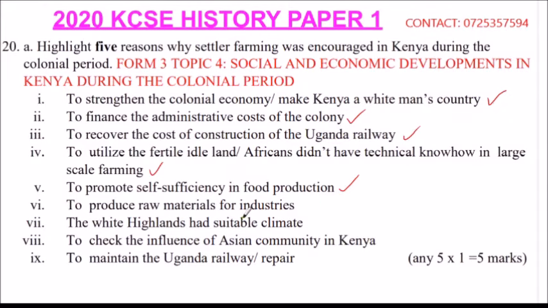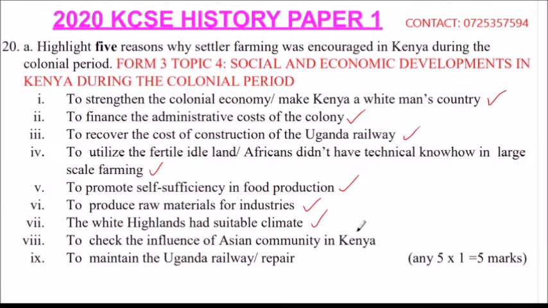Number 6, to produce raw materials for industries. That's okay. Number 7, the white highlands had a suitable climate, like the Mount Kenya highlands. It was suitable for large-scale farming, with good climate and good soil.